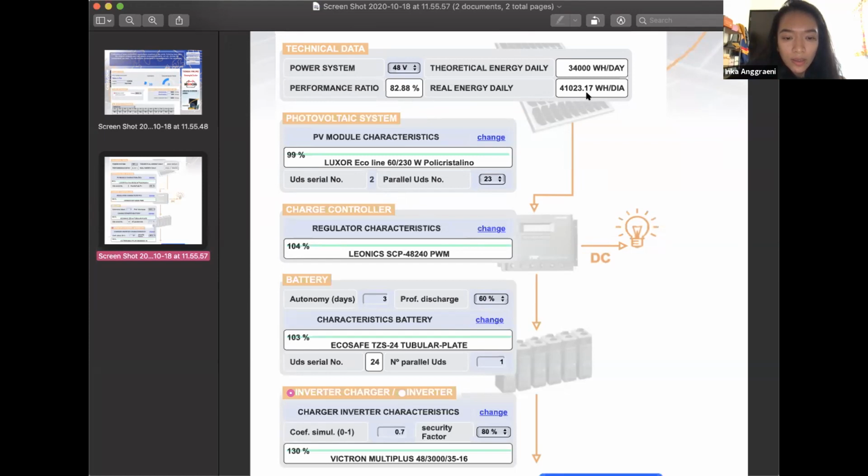PV module characteristics, your Luxor, polycrystal. Nice. And then it goes from your photovoltaic to your inverter system. So they're talking about that. 104% performance, that's really good. Which one is that? Oh, this one.